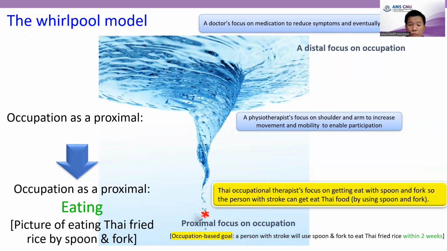How to prepare? Presumably they can be weak. If they are weak on the right hand side, they can use the left hand side, and we work on how to use the weak hand to increase the strength to grab the fork rather than the spoon.